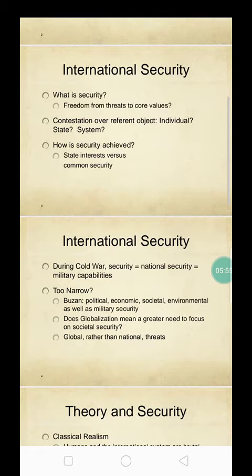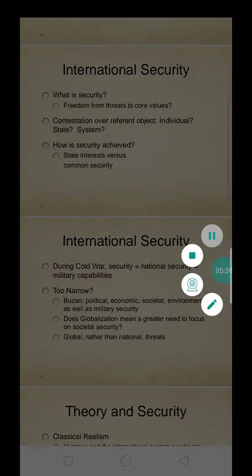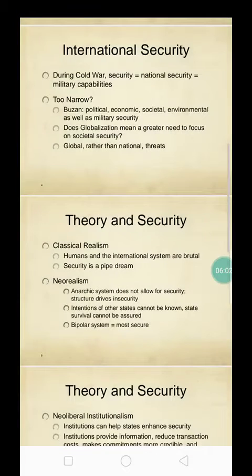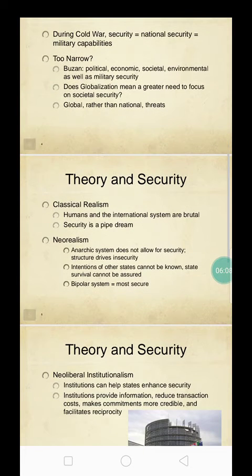Let's move on to the theories in security. First is classical realism. Humans and the international system are brutal. Security is a pipe dream. Realism is an international relations theory from the realist school of thought.